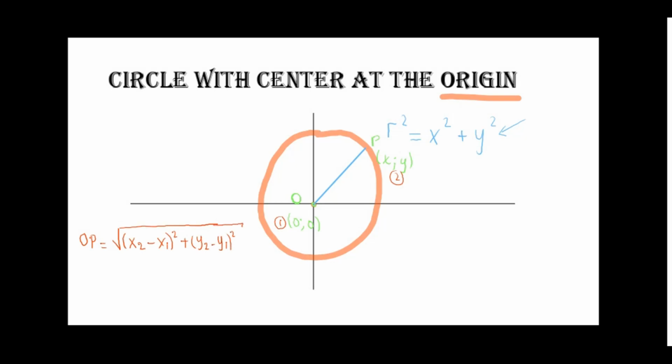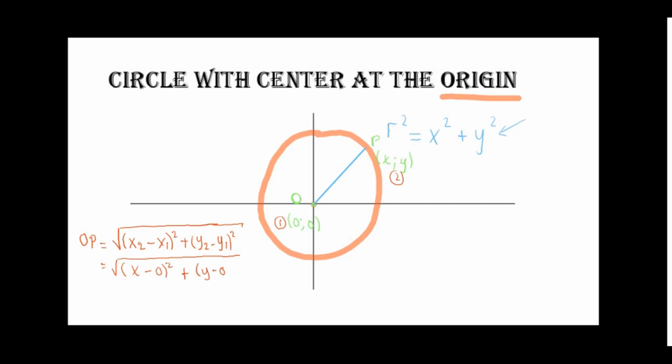Now we're just going to substitute. I labeled the point O as the first point and the point P as the second point, so we substitute those into our equation. Our x2 is x, minus x1, which is 0, all squared, plus y2, which is y, minus y1, which is 0, all squared.